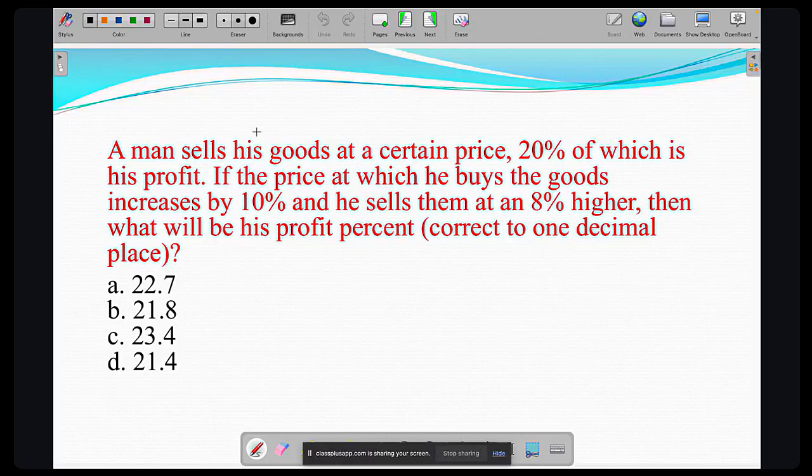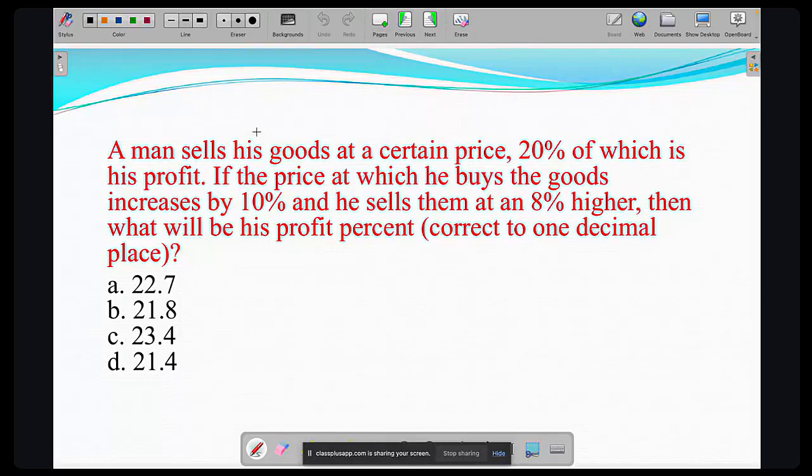A man sells his goods at a certain price, 20% of which is profit. If the price at which he buys the goods increases by 10% and he sells them at 8% higher, then what will be the profit percentage? That's the question here.